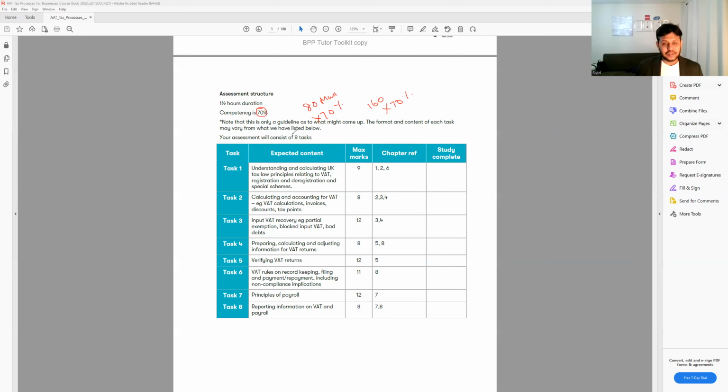Eight questions we're going to look at. Eight questions will be in the exam, and we will know exactly what the question is and where it will come from. That will give us the explanation here. We're going to cover every single chapter anyway. But if you think, okay, I want to score 70% first, and question number 1, question number 3, question number 5, question number 7 and 8 are easy for me, I'm going to answer these questions first, then I'm going to come back to the rest of the questions.